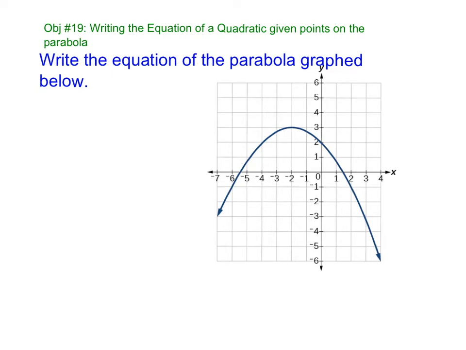So my vertex for this one is (-2, 3). It looks like I'm going over 2, down 1. Over 2, down 1. Is there another point on here? Looks like that one.